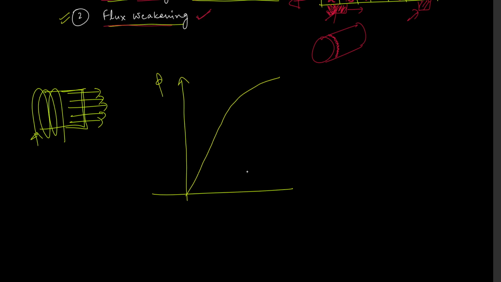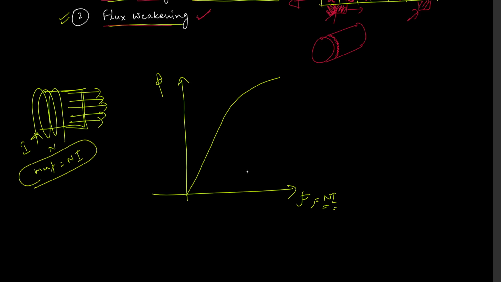This is the flux produced, and this is MMF. MMF is normally represented by F, that is ampere turns, N number of turns multiplied by current. So if I pass current I in this coil having N turns, then MMF is equal to Ni.